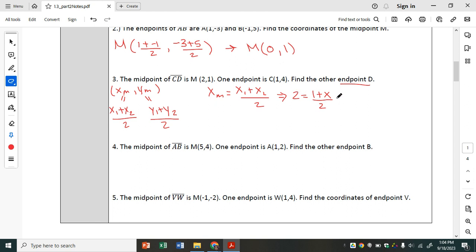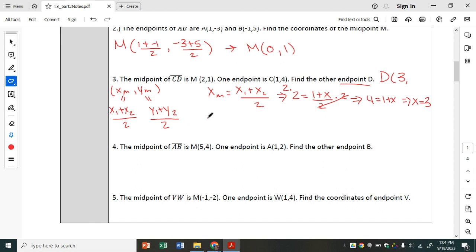To solve this, we'd have to multiply both sides by 2. Okay, that's just going to cancel out this fraction. That's going to give us 4 equals 1 plus x. Subtract the 1, we'll get x equals 3. Okay, so if you think about the other endpoint D being a coordinate pair, we have our x value. We still have to find the y.